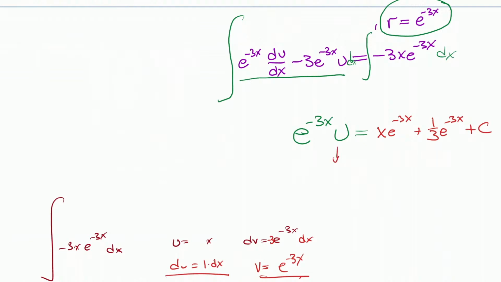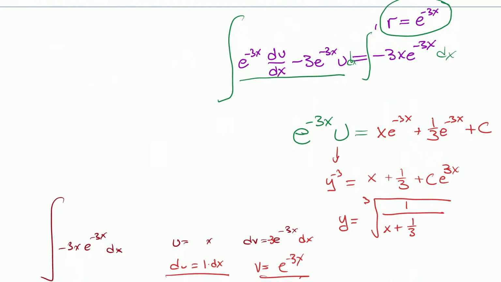So I will do this. y to the negative 3rd is equal to x plus 1/3 plus c e to the positive 3x. So I just multiplied everything by e to the 3x, and that put that over there. And then, of course, you could solve if you really want to. You'd end up with y is equal to the cube root of 1 over all of that mess. There it is.